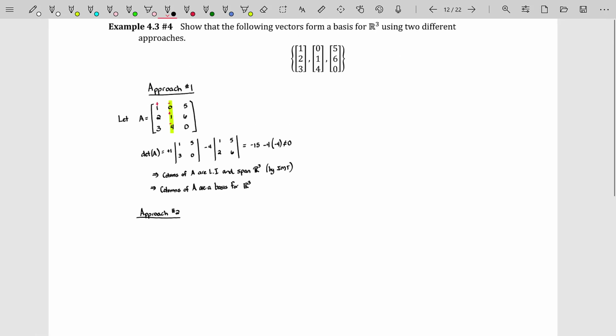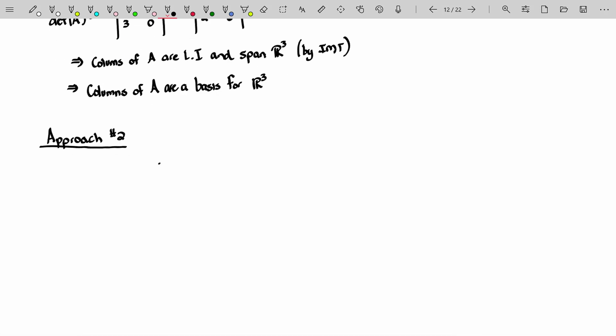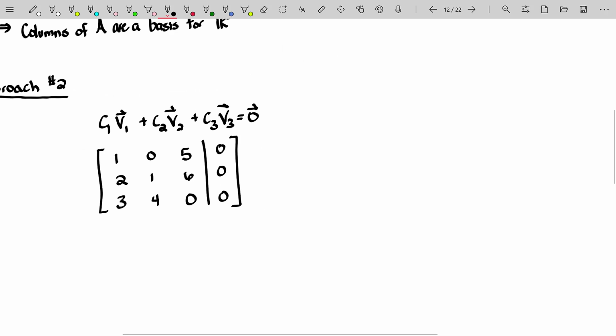It's using older methods. Well, if you want to show these vectors are linearly independent, you want the only solution to this vector equation to be the zero solution, right? The trivial solution. So you can place these column vectors in an augmented matrix with the zero vector, and then row reduce.